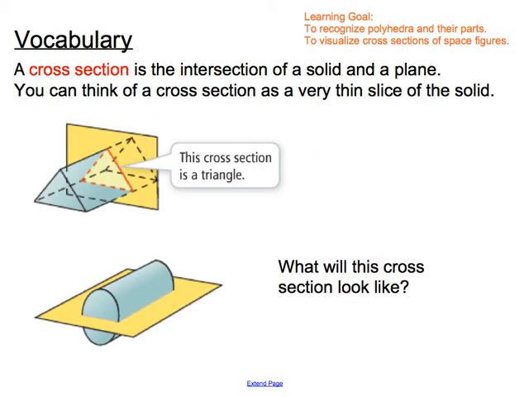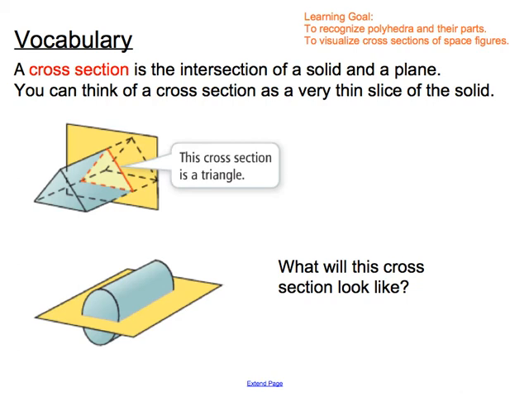So let's talk about cross sections. A cross section is the intersection of a solid and a plane. We think of cross sections as an extremely thin slice of a solid object. So here you can see we have a triangular prism that's being cut by the yellow plane. And where the yellow plane cuts the object, we can see the cross-section is a triangle.